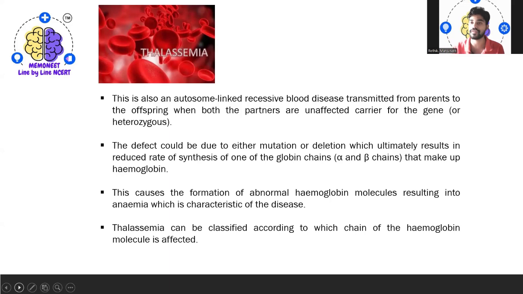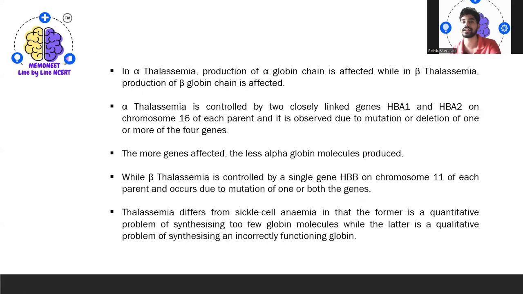So this causes the formation of what? Abnormal hemoglobin molecules, resulting in anemia, which is characteristic of the disease. Thalassemia can be classified into two types, as I said, based on which chain is affected: alpha and beta thalassemia.